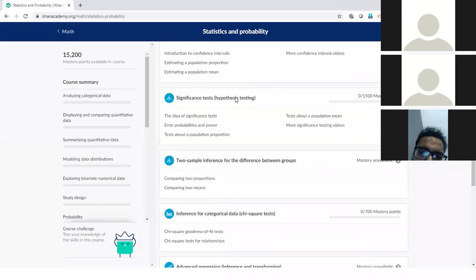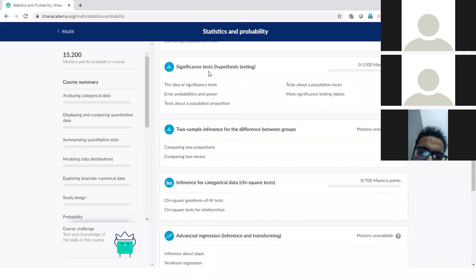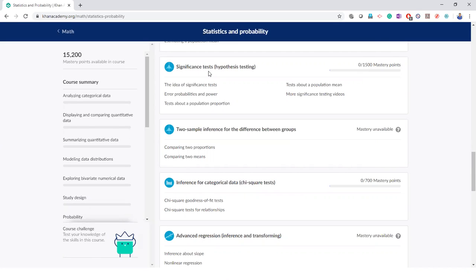Next, significance test. Hypothesis testing or significance testing is where, when I said I've got 144 variables to predict something, I have to do a hypothesis test for each of the variables, saying, does this variable relate to this, or does it not relate to this.